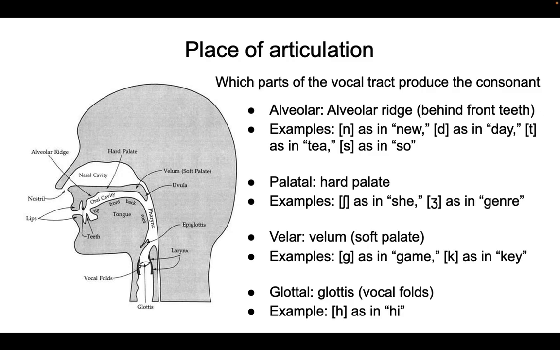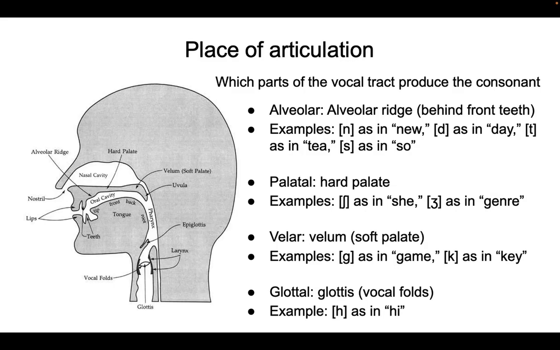Alveolar consonants are produced with the tongue and the alveolar ridge, which is behind the front teeth in the roof of the mouth. Examples: n as in new, d as in day, t as in tea, s as in so.